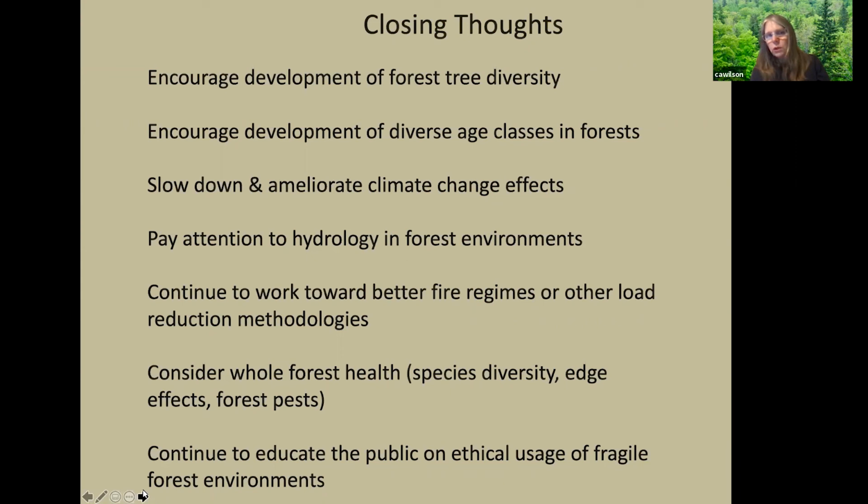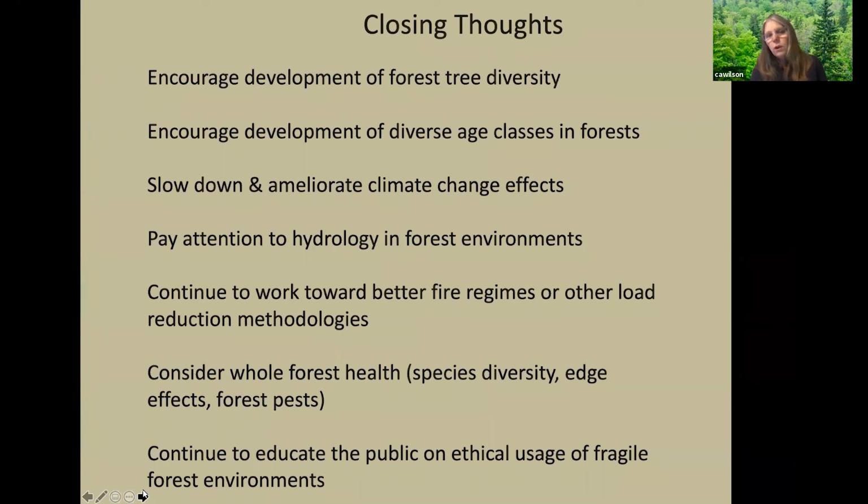And I think also encourage development of a diverse age class in forests. We tend to find mistletoes, particularly in middle-aged trees, probably. Of course, they are found in older trees, but I think if you have a diverse age class, then you have a bigger diversity for other species, and you're less apt to have the forest as impacted by mistletoes.